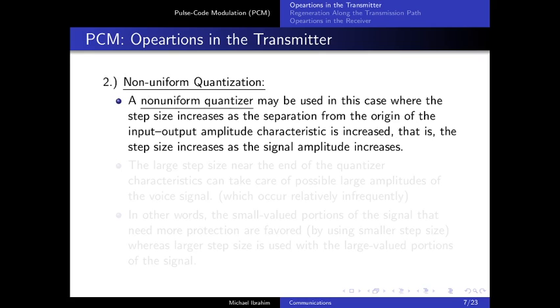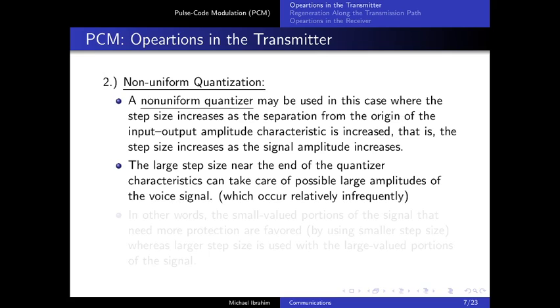So, using a non-uniform quantizer, we have larger step sizes for the larger amplitudes and smaller step sizes for smaller amplitudes. The large step size near the end of the quantizer characteristics, in other words when the amplitude is large, can take care of the possible large amplitudes, which occur relatively infrequently. It doesn't happen a lot, these large amplitudes.